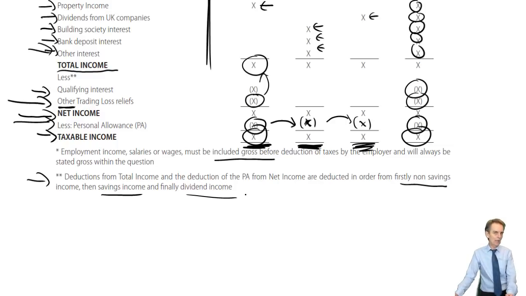You may remember that I said in relation to your personal allowance that although we all start off as UK taxpayers with an entitlement to a UK personal allowance, an amount of £11,500, I feel sure you recall, those taxpayers who are fortunate enough to have very high levels of income, we will specifically define what those levels are, may suffer a reduction in or a complete loss of that personal allowance because of the high levels of income that they have. But more of that later.